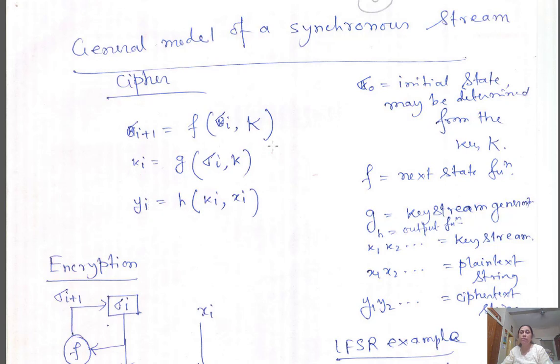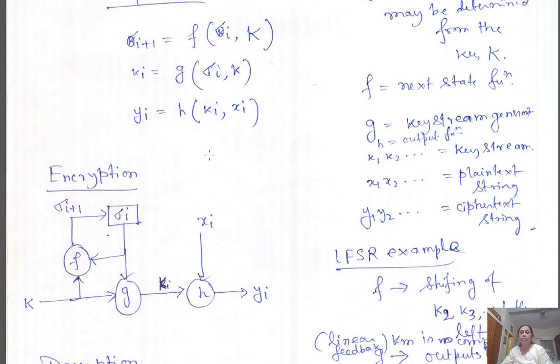This is illustrated pictorially by this figure. This generator is generating the key stream. Key stream Ki is generated using the key and the current state sigma i. So if it takes sigma i and the key, it produces Ki. And this state is updated.